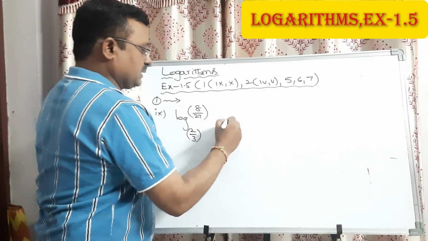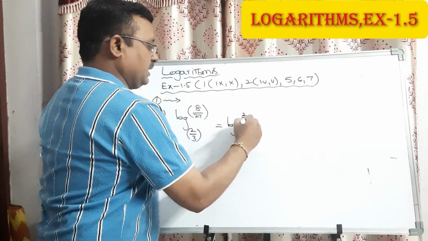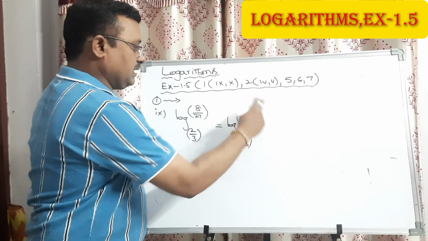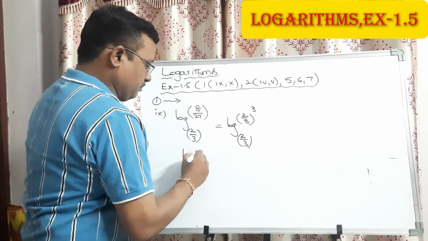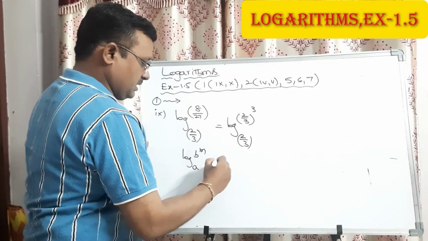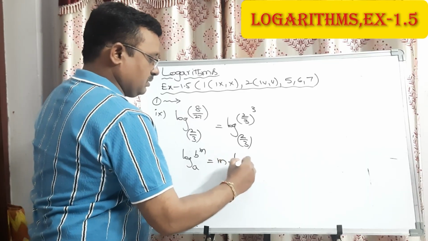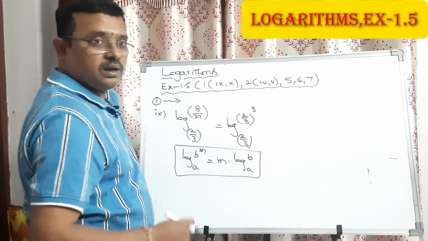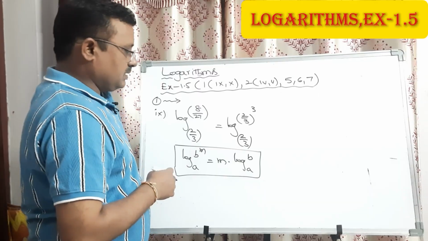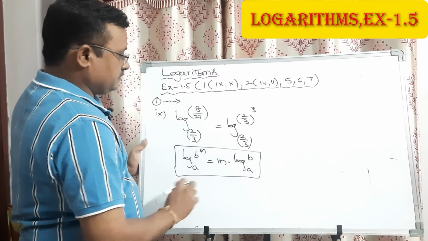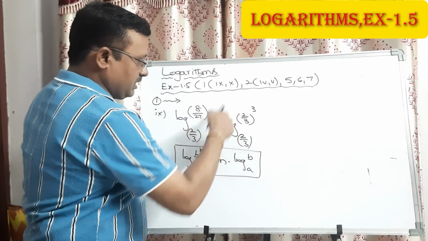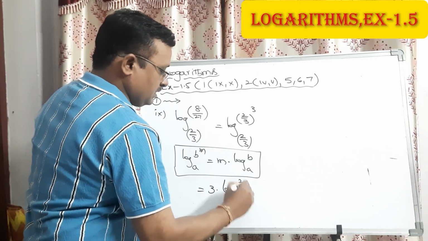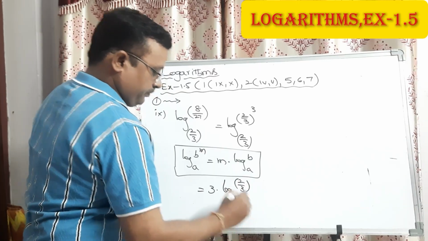So I am considering log of 2/3 whole cube with base 2/3. Now it looks like log b power m to the base a is equal to m into log b base a. So power will come forward: 3 into log 2/3 to the base 2/3. Okay?